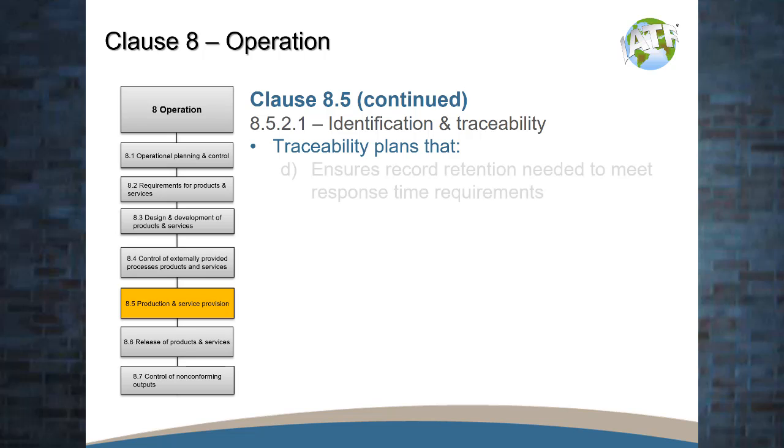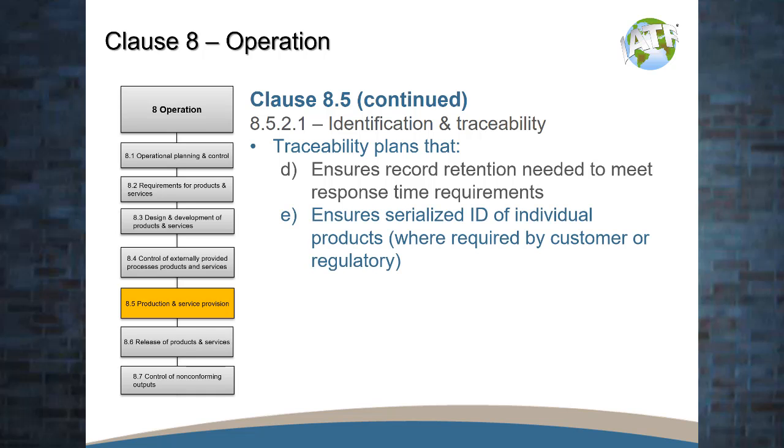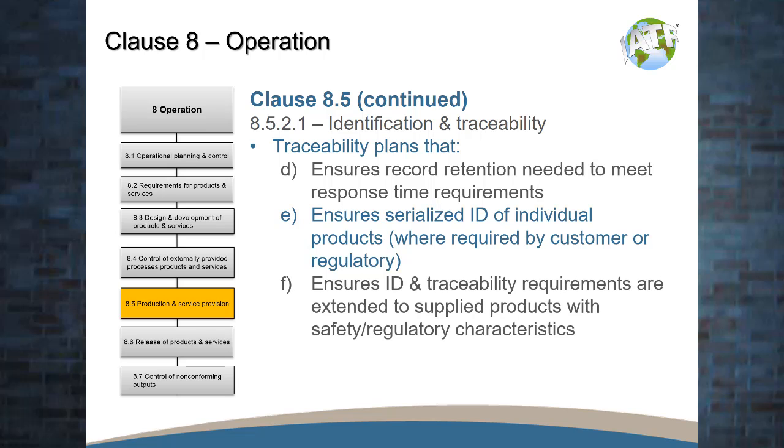Traceability plans also ensure record retention needed to meet response time requirements, ensure serialization, identification of individual products where required by the customer or any regulatory requirements, and ensuring that the identification and traceability requirements are extended to supplied products with safety and regulatory characteristics connected to those things that are supplied.